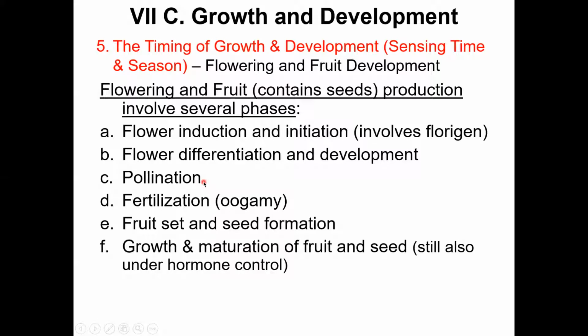Pollination is a transfer of pollen from the anther, which is the microsporangium of the stamen of a flowering plant, to the stigma of the female part. That's what pollination is, transferring pollen from the anther to the stigma.